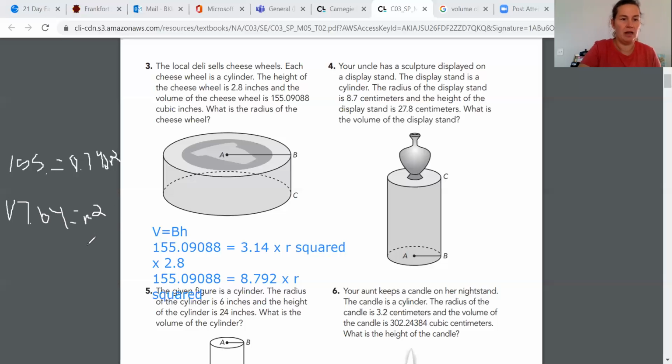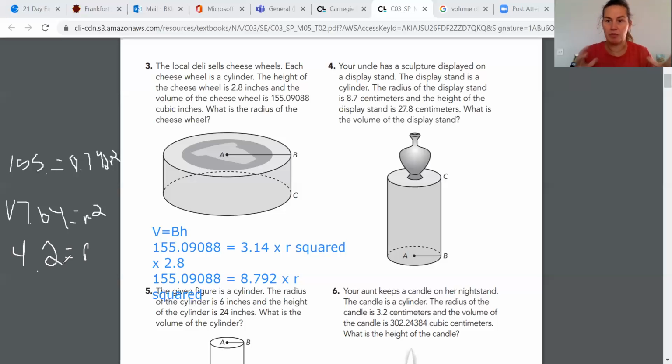So I get r is equal to 4.2. And that would be my radius, 4.2 inches.